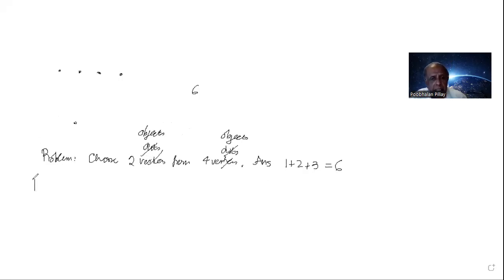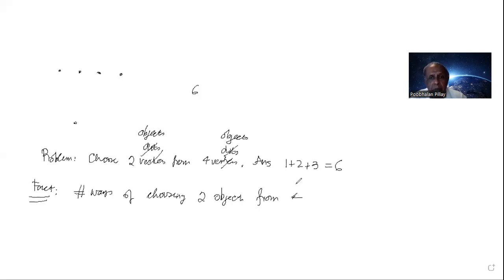Now, here's an interesting fact. The number of ways of choosing 2 objects, this is very important. You'll be using this fact many times throughout the Olympiads. The number of ways of choosing 2 objects from, I'm not going to say 4, I'm going to say n objects. Oh, I said I'm not going to say 4, and I actually wrote down 4.